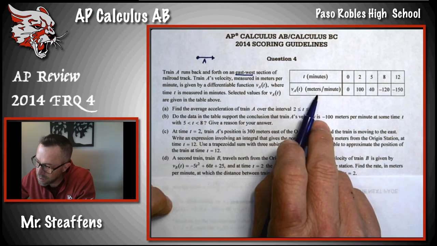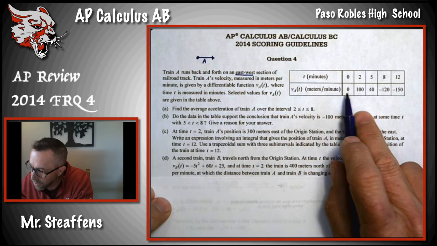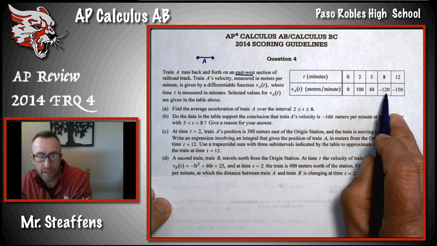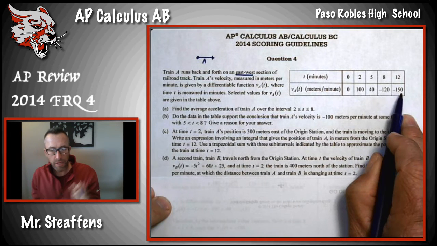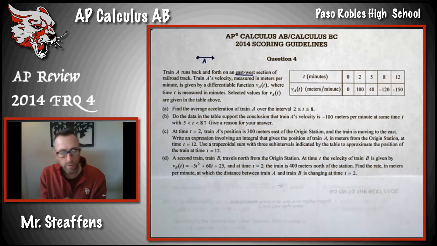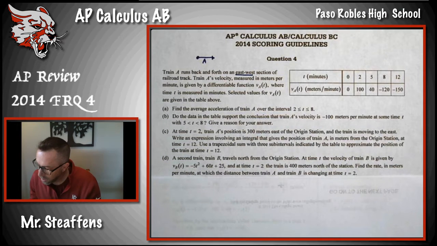So you can see it starts at stop, and then it starts going fast, and then it starts coming back towards the station because the velocity turns. So that velocity is going to be moving in a positive and negative direction, which means my train might be moving forward or backwards depending on where it is.